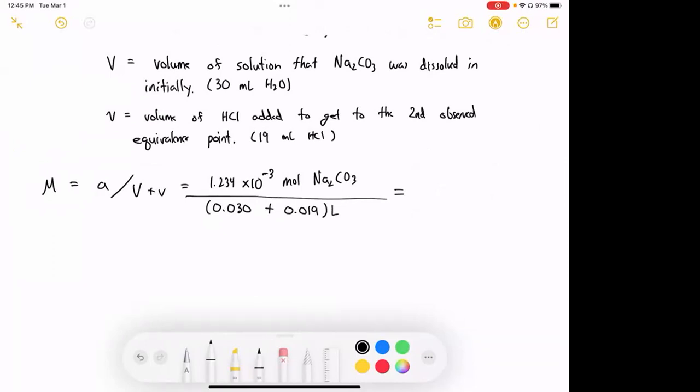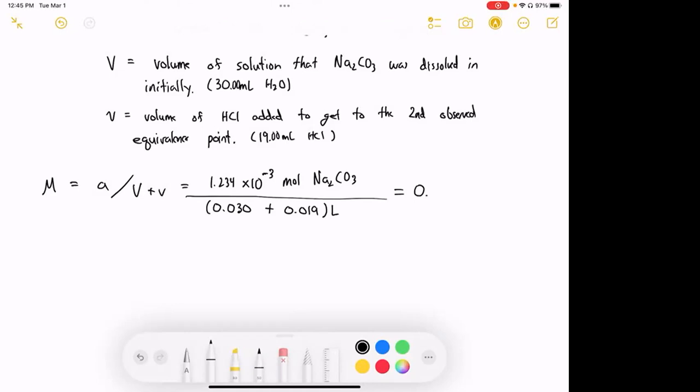Okay. So that will be a value of, let's calculate that right now. Okay, so we have 1.234 e to the negative third divided by parentheses 0.030 plus 0.019 parentheses equals. So these volumes should have 4 sig figs.